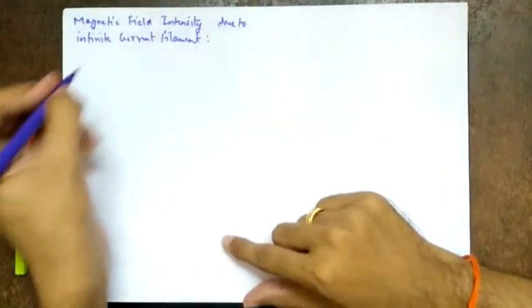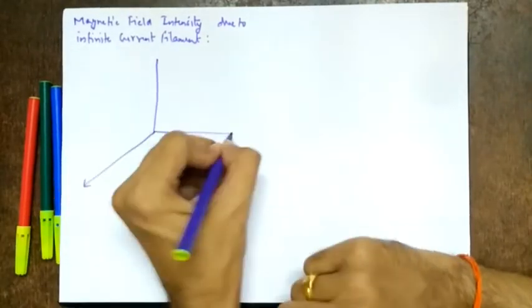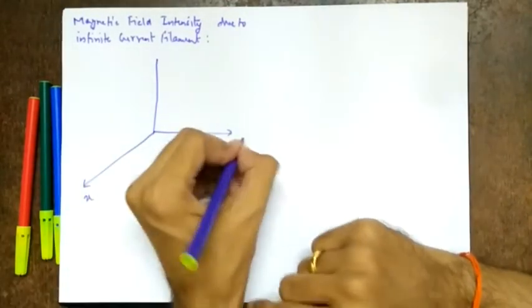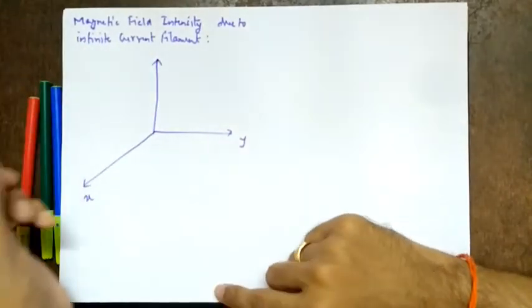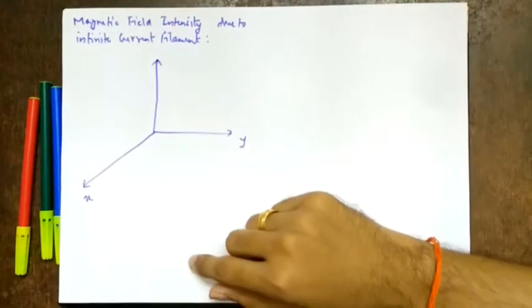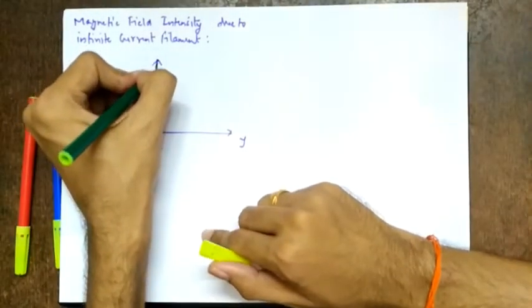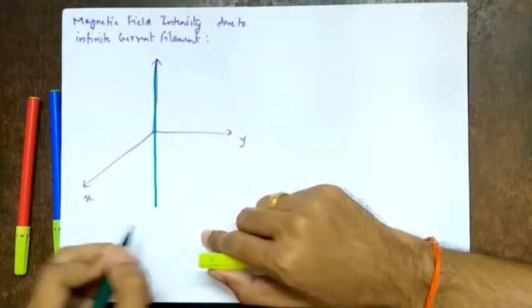What was the first step we did? We said we'll require a coordinate system, so we'll draw one. What was the second thing? We said we will place the infinite line charge along the z axis. So we'll place the infinite current filament also along the z axis.